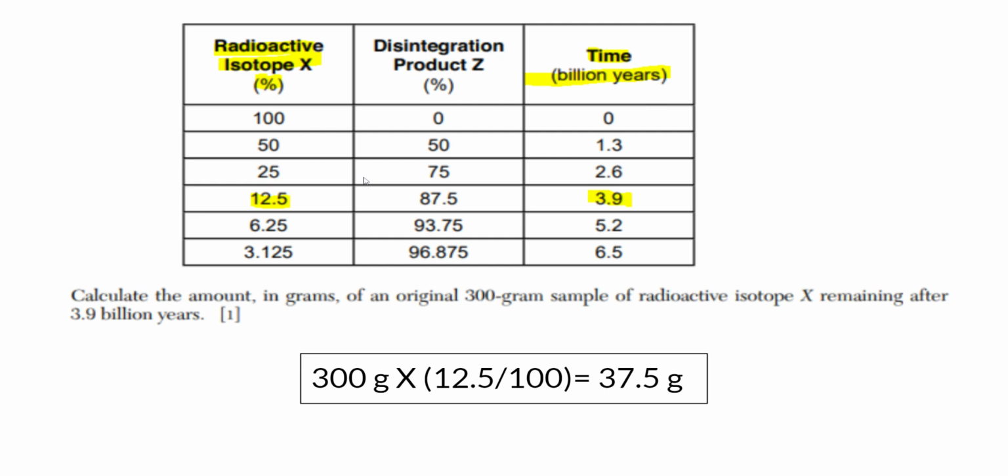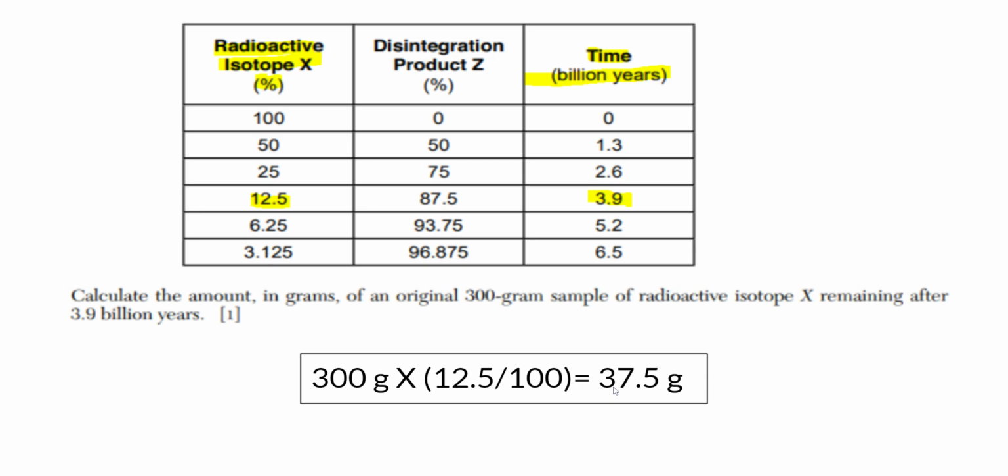So all I need to do is calculate the percentage left of any isotope. If you're given the sample of how much you already have, you just write the amount you have, in this case 300 grams, and multiply by the percentage divided by 100. So in this case, I start with 300 grams multiplied by 12.5 divided by 100.